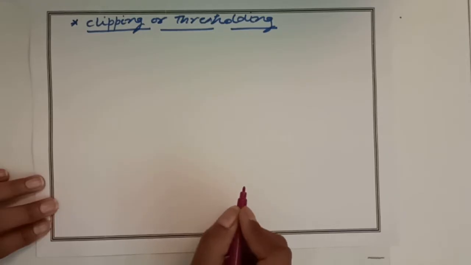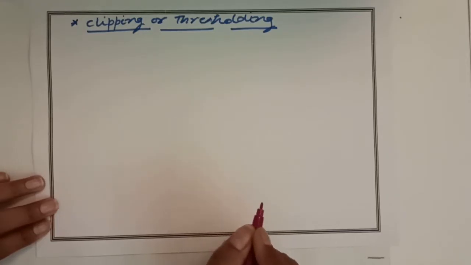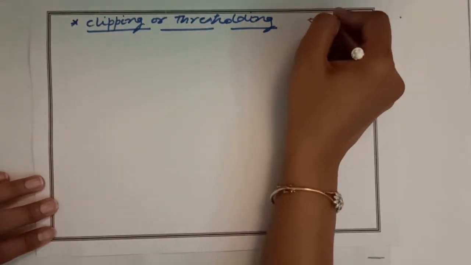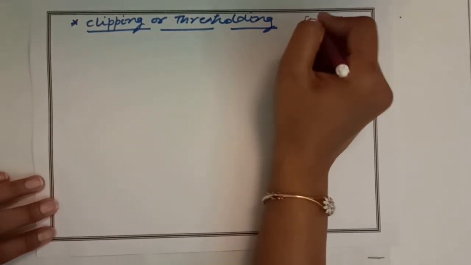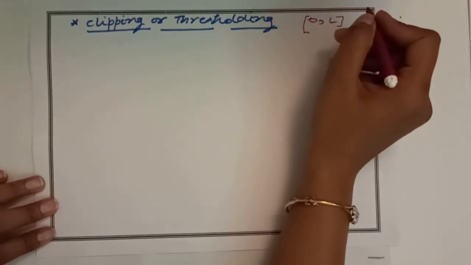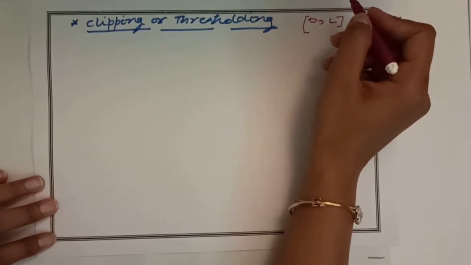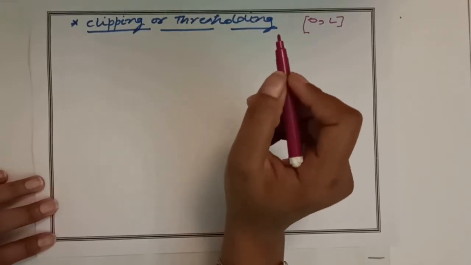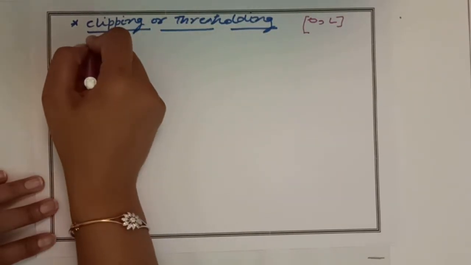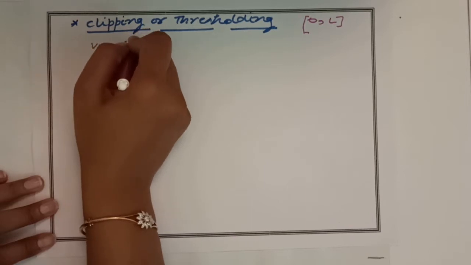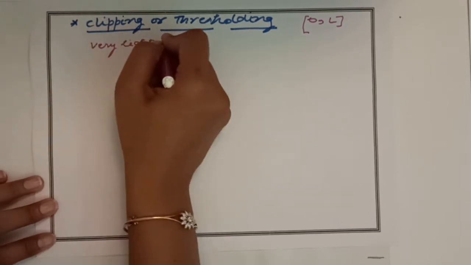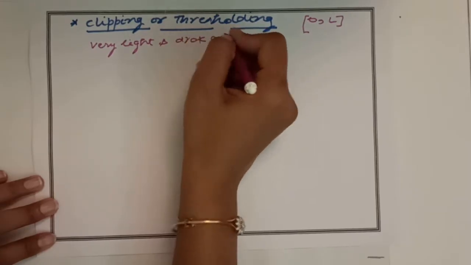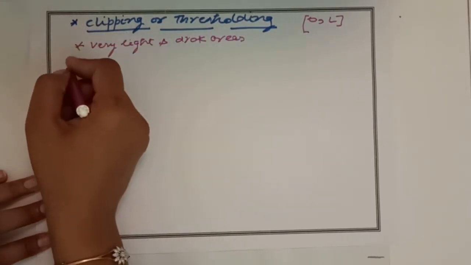So clipping is a special type of stretching where the image is supposed to be in the range of 0 to L. Why are we using it? To enhance the image by cutting only very light and very dark areas.